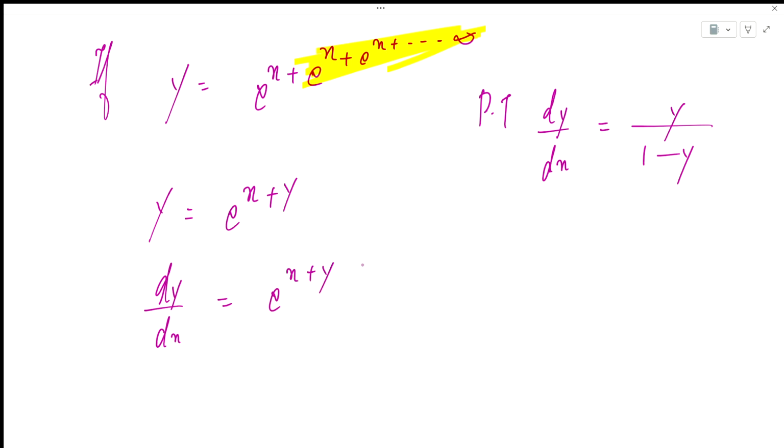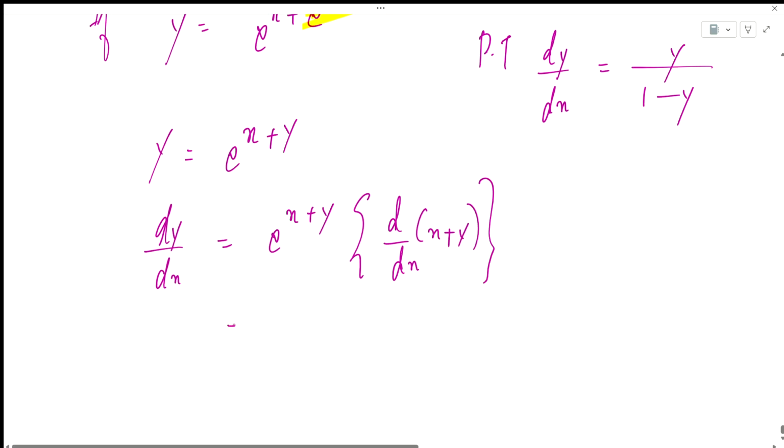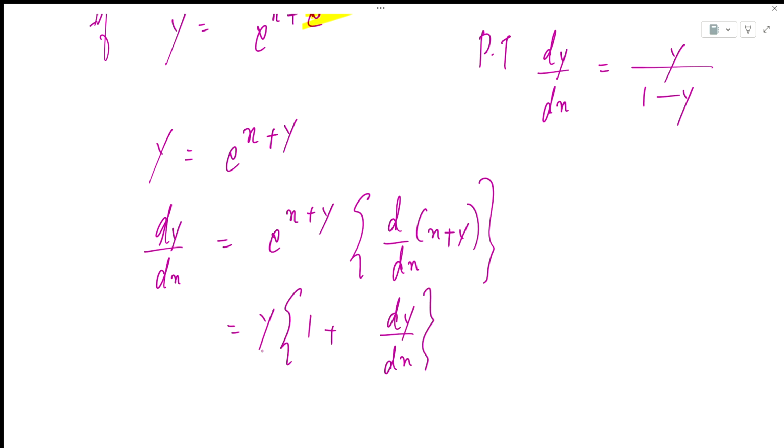But then we are to take the derivative of x plus y by chain rule. So this gives me e to the power x plus y, which can be written as y, times 1 plus dy by dx.